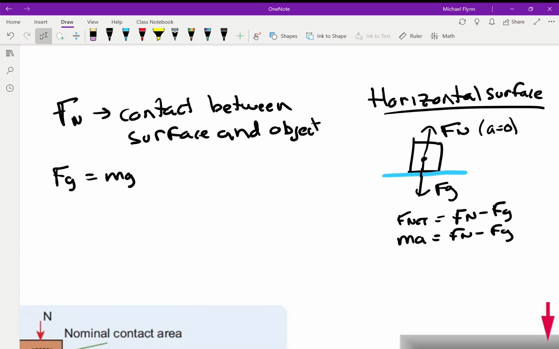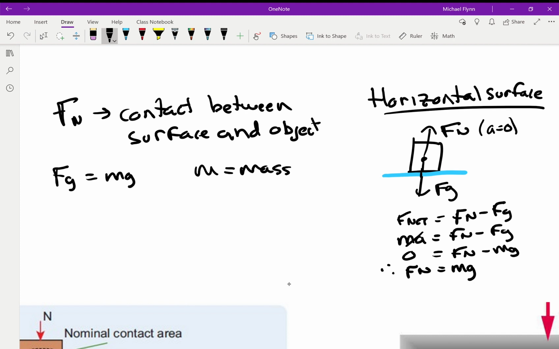I end up getting 0 here because the acceleration is 0, so 0 equals Fn minus mg. And therefore, Fn is just equal to mg. It's equal to the force of gravity. And don't forget, m is your mass in kilograms, and g is always 9.8 meters per second squared. That's the acceleration due to gravity on Earth.